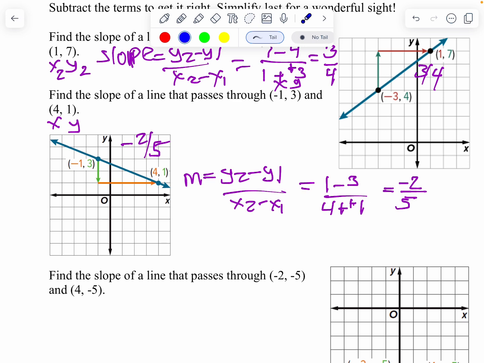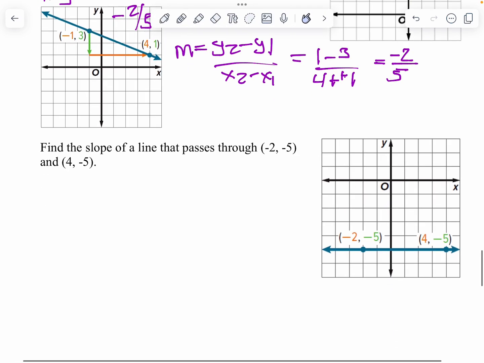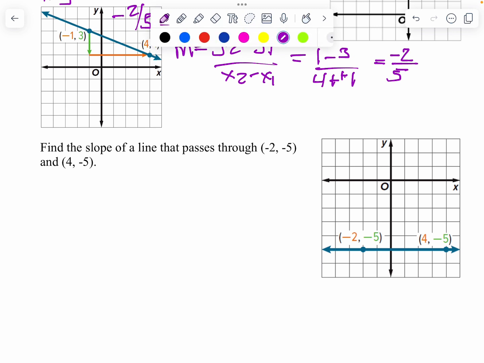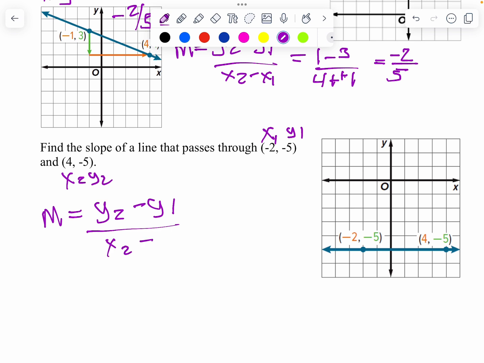Let's take a look at another one here, and this is more of a special case, I would say. I want to find the slope between negative 2, negative 5, so I'll go x1, y1, x2, y2. Since we're learning about this, I'm going to say m is y2 minus y1 over x2 minus x1.